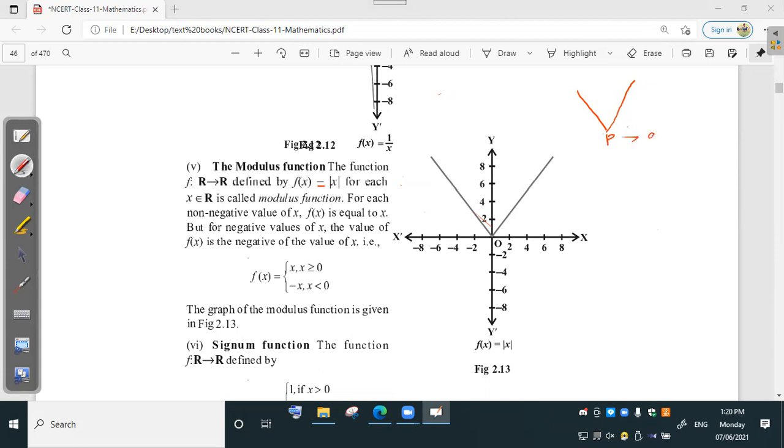At P, we cannot draw the tangent. So when we cannot draw the tangent, it means it is not differentiable at this point.